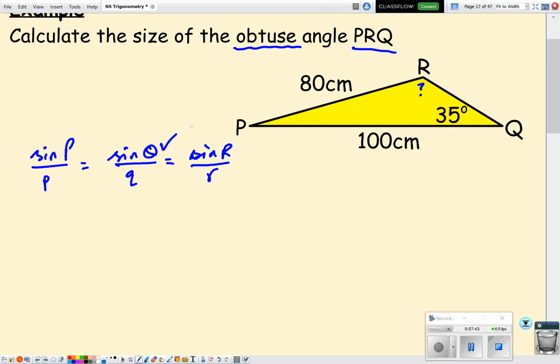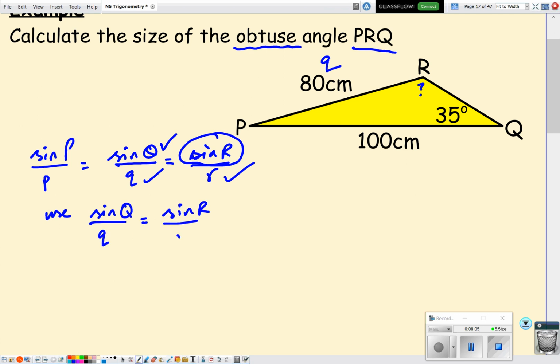We know side Q, that's 80. Sine R is what we're trying to find, and side R is 100, so we know that. So that's our complete pair. Use sine Q over Q equal to sine R over R.